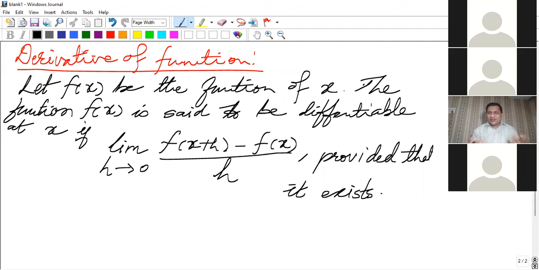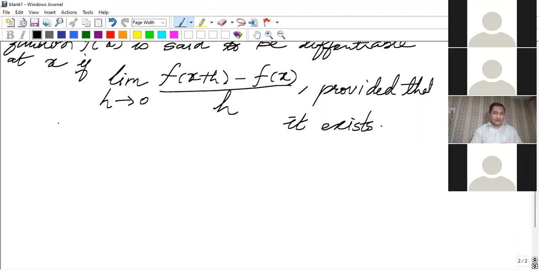For example, a very famous example, you might have also studied this. Consider the function f of x is equal to mod x. What is the left limit?